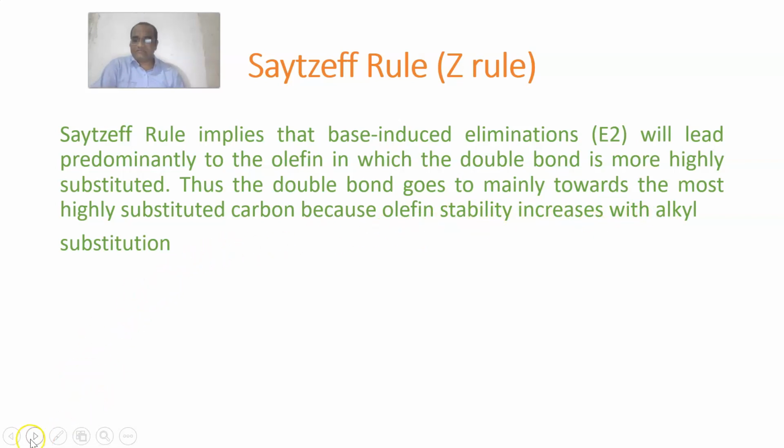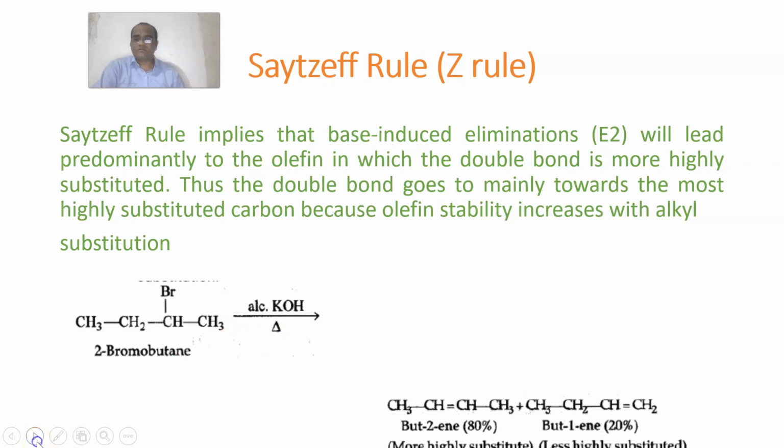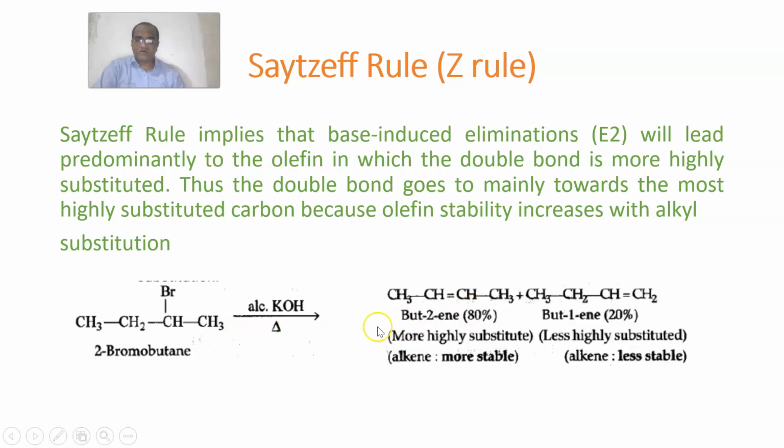Now I will explain it. See here, it is an example of 2-bromobutane, and when it is reacted with a base, certainly it is an elimination reaction. So there is not only one product formed, there are two products, right? Here you can see that 2-bromobutane forms 2-butene, and one more, 1-butene.